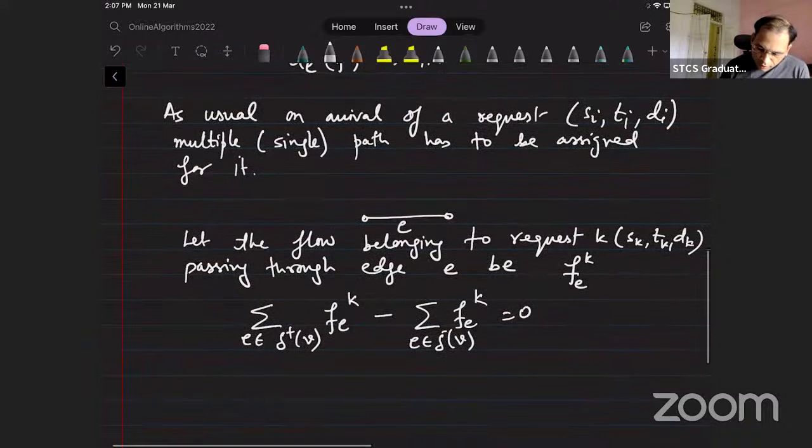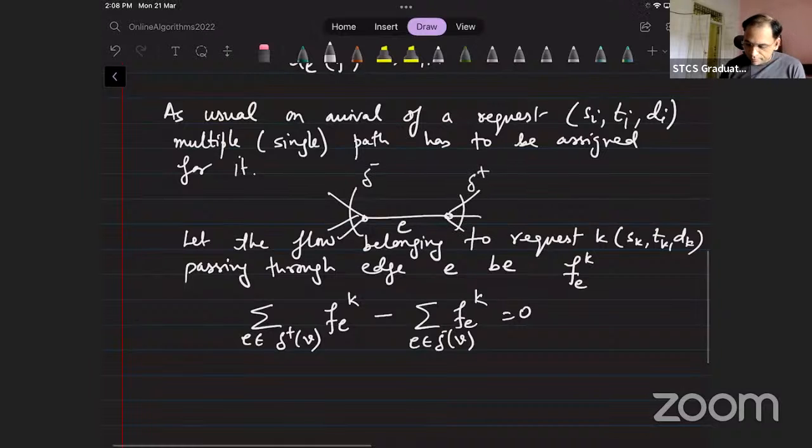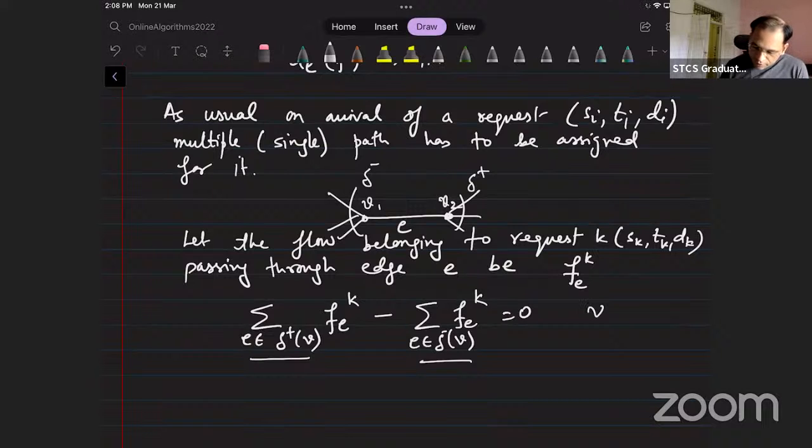For a vertex, all the incoming edges are delta minus and all the outgoing edges are delta plus. So this is V1 and V2. So delta plus of V2 is going to be all the outgoing edges from V2, and delta minus of V1 is all the incoming edges to V1. So for each edge belonging to either of these, essentially a node should have flow neutrality for v which is not equal to any Si, Ti.